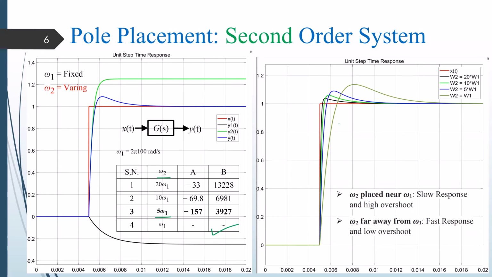Here you can see that as the omega 2 is increasing, your response is getting faster and the overshoot in the system is getting lower. So we can conclude that when omega 2 is placed near omega 1, then the response is slow and we have the higher overshoot. And when omega 2 is far away from omega 1, then we get fast response and we have low overshoot in the system.